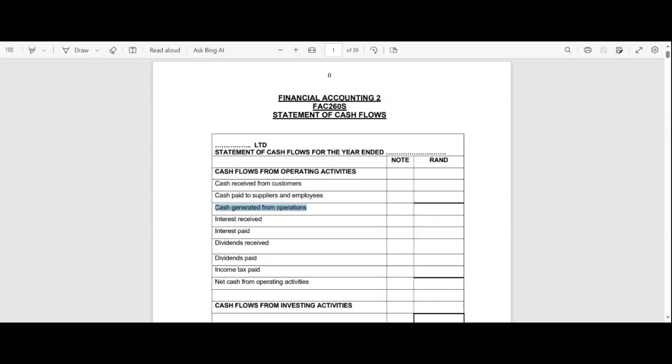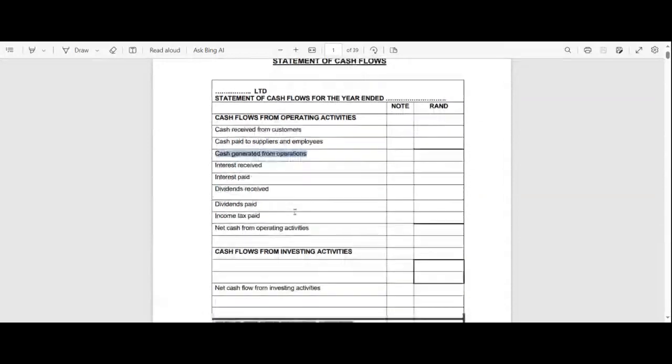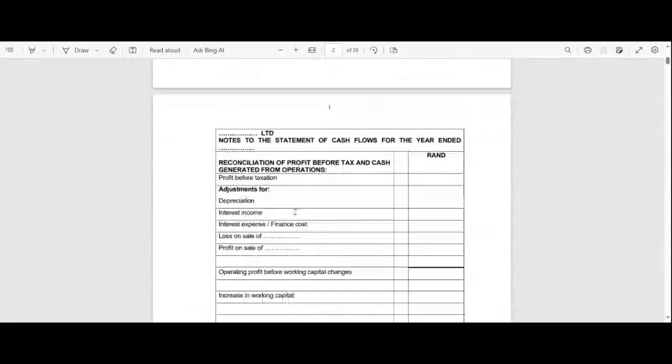When we get to the note, it works a little bit differently, because there we will see that certain kinds of incomes and certain kinds of expenses will be taken into account in calculating our cash generated from operations. But here on the main statement, it only shows the flow of cash. Now let us just go down again to the note.